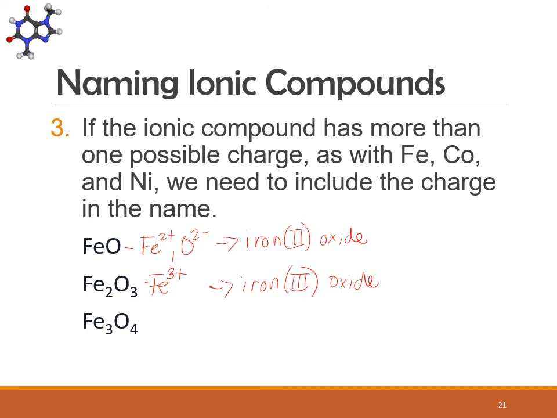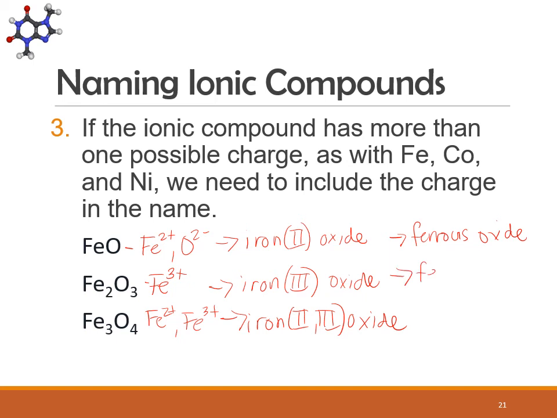This compound has both the 2+ and the 3+ forms of iron. So when this happens, we write both of the forms in the name of the compound. Note that many references still refer to this compound as ferrous oxide.